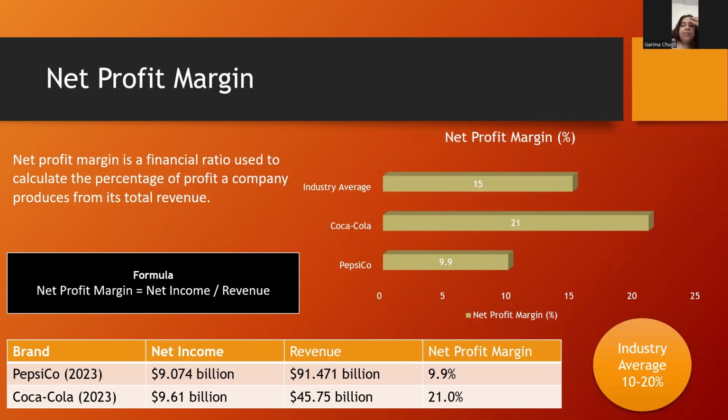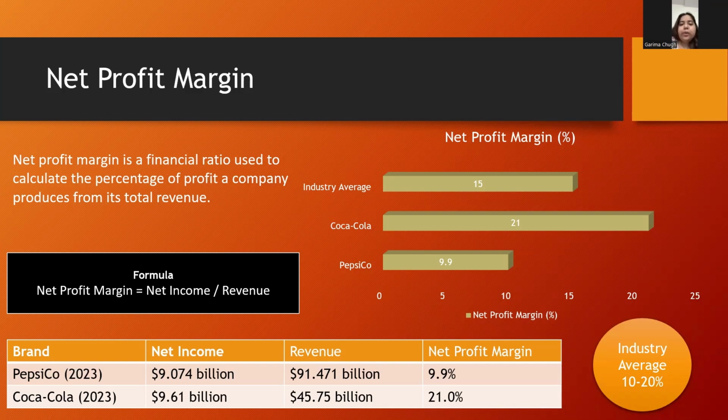Net profit margin represents the percentage of revenue that becomes profit after all expenses, including taxes and interest. As mentioned in the slide, its formula is net profit margin equals net income of the company divided by its revenue. The graph suggests that PepsiCo has a net profit margin of 9.9%, while Coca-Cola leads with 21%.